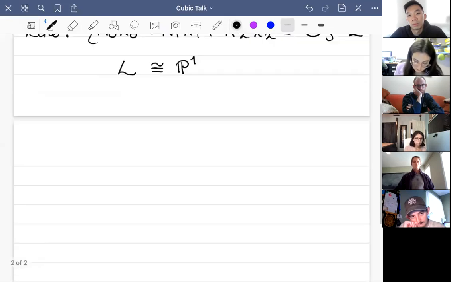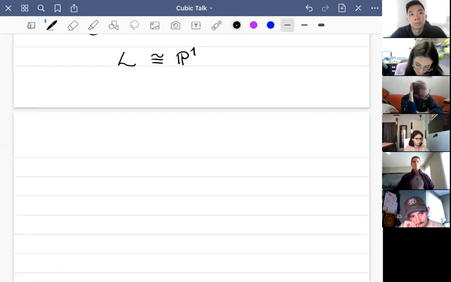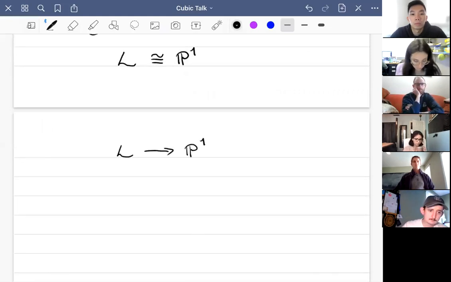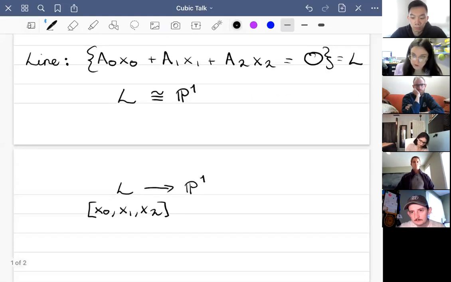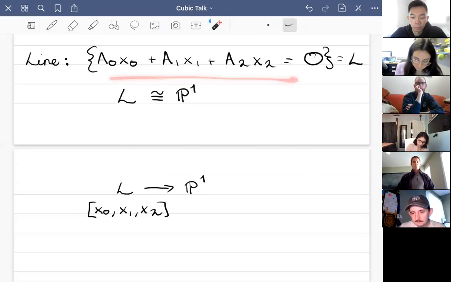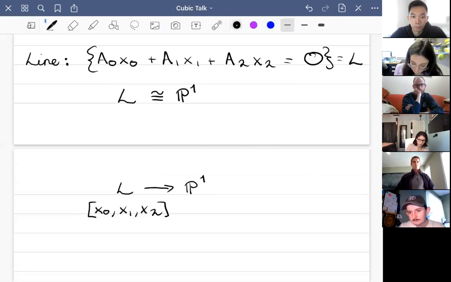I want to stress how we see this. One way to see this is to exhibit a morphism between my line and the projective line, P1. My line has coordinates x0, x1, x2 that satisfy my equation up here, and it's easy to get a map to P1. I could just forget one of the coordinates, the last coordinate.